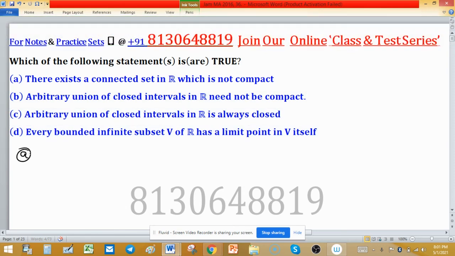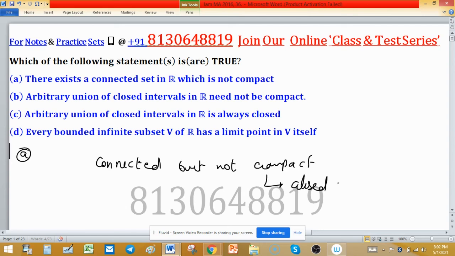Option A, there exists a connected set in R which is not compact. We need to find a set that is connected but not compact. Compact means closed and bounded. Closed means all limit points exist in the set.